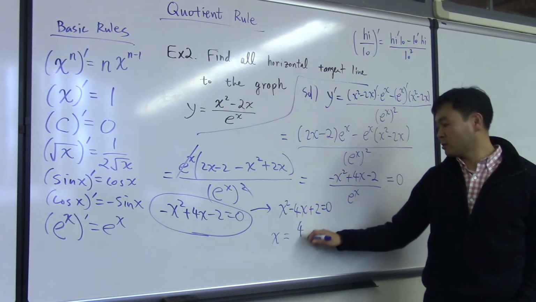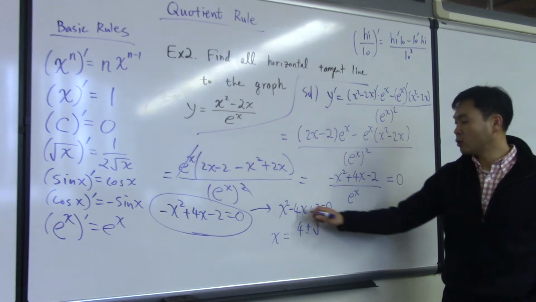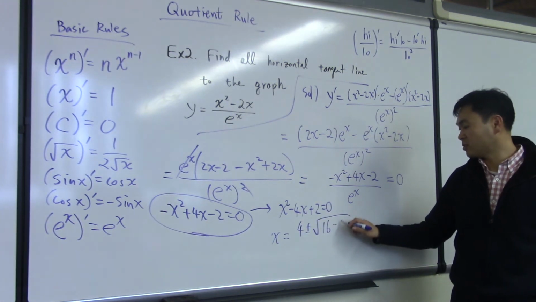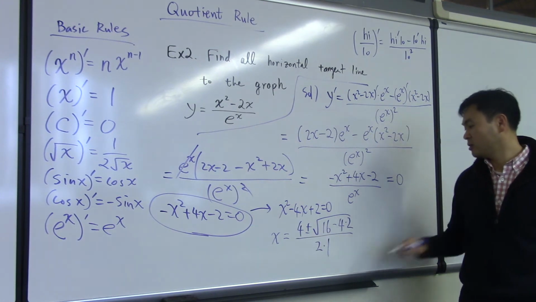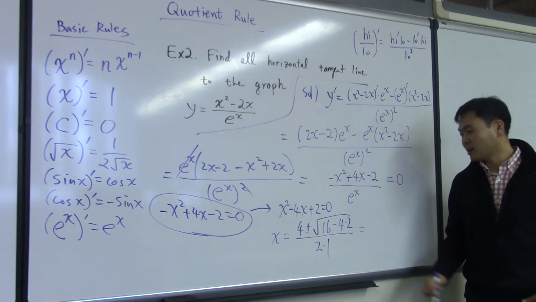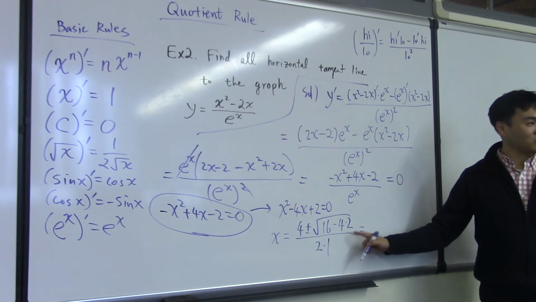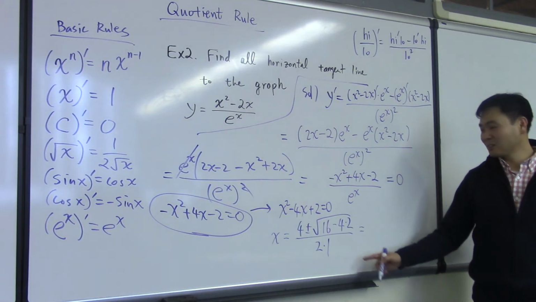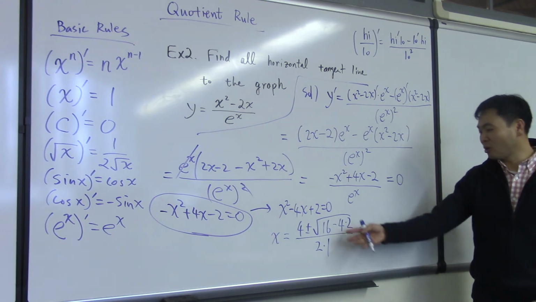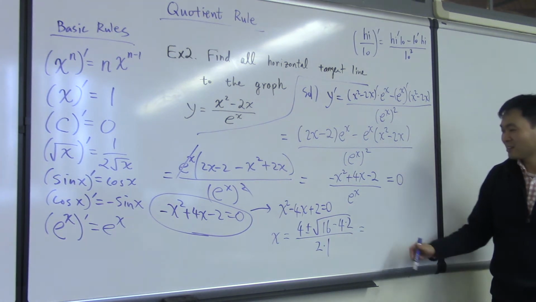Negative b, 4, plus or minus the square root of 4 squared, which is 16, minus 4 times 2, over 2 times 1. My pre-calculus students told me that there's a song for this one too. The only thing I remember is all over 2a, something like that.